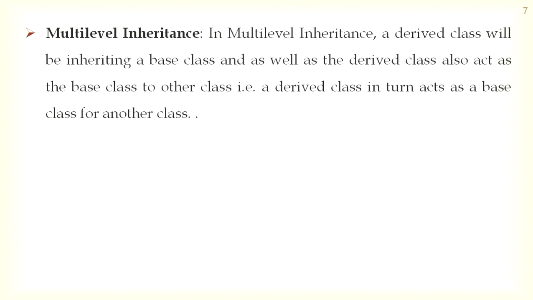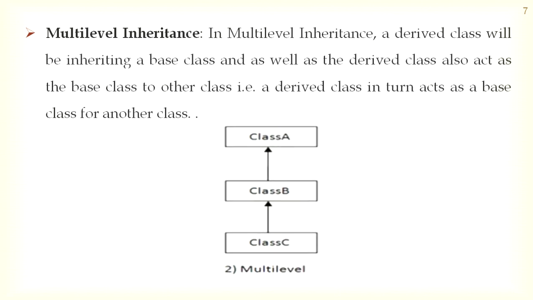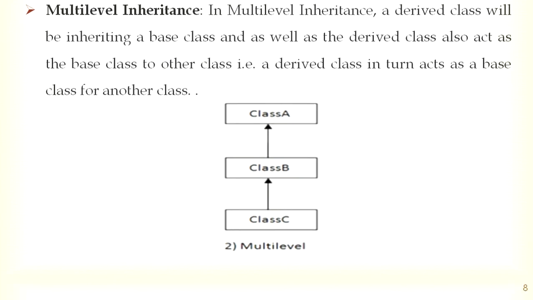Here there are more than two classes: A, B and C. Class C acquires the properties of class B as well as class A, and class B acquires the properties of class A. Class A is the base class, class B is the child class of A, and class C is the child class of B as well as A.